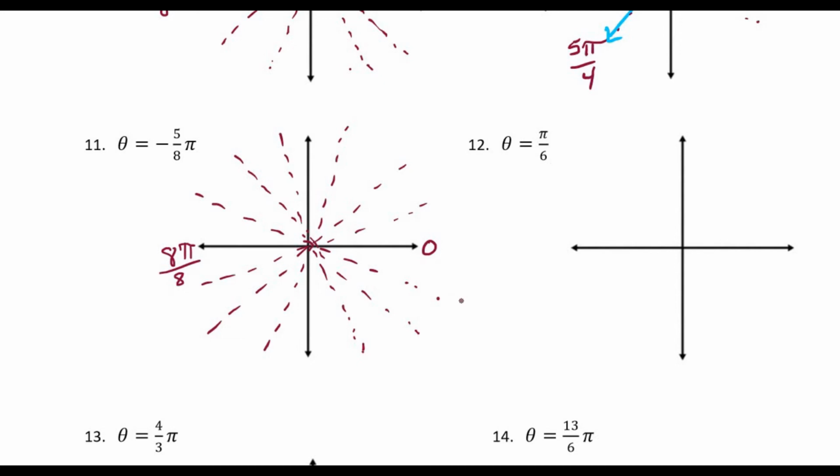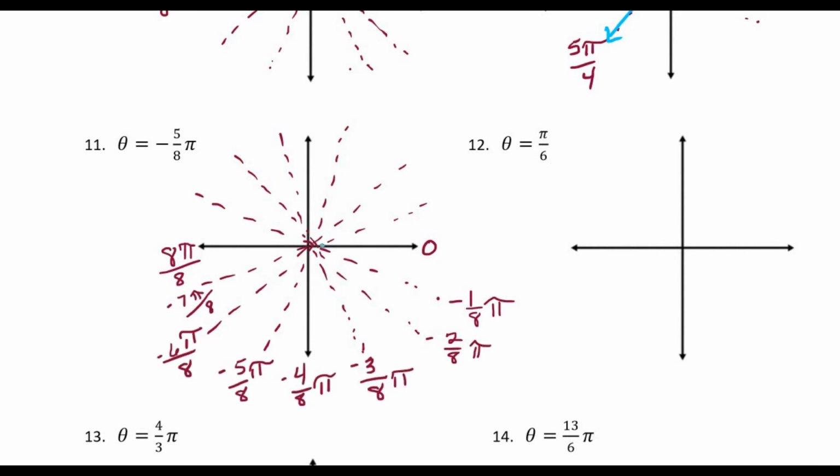So this would be negative 1/8 pi, this is negative 2/8 pi, and so on. So I have all of my angles labeled that I need to. I'm going to draw in my initial side, then negative 5/8 pi is here, and I am going clockwise, and I am in quadrant 3.